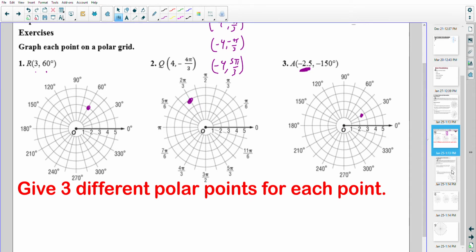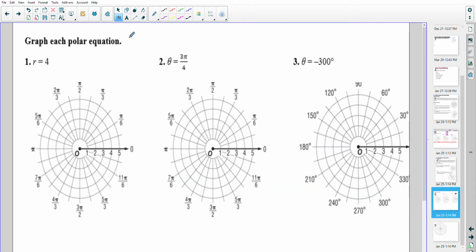Next, you can get different equations of polar coordinates. The 2 basic equations are where you have r, which is the directed distance, is 4 units, and an angle, which is a certain radian or degree.